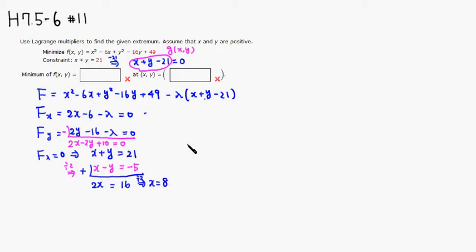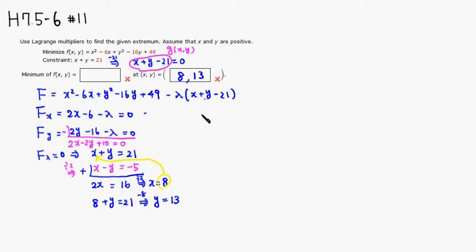Once you have 8, we can plug it in right here. So that's going to be 8 plus y is equal to 21. By subtracting 8, we have the y value, 21 minus 8 would be 13. So x is 8, y is 13, and the value is going to be pretty big.